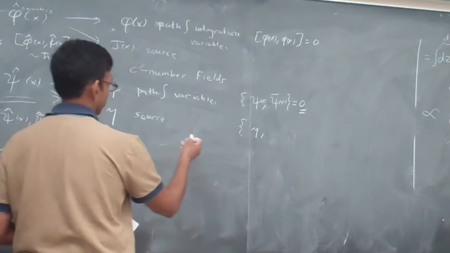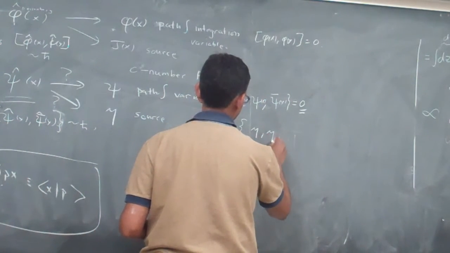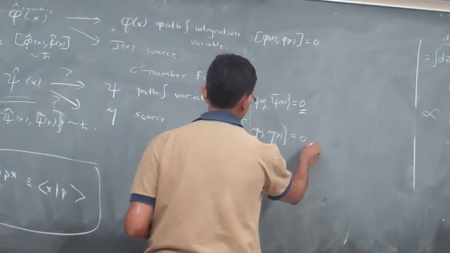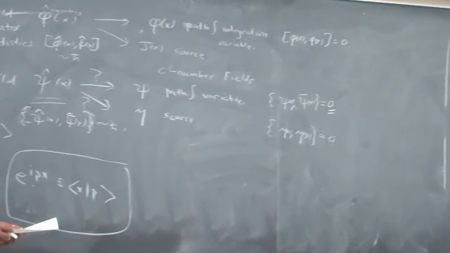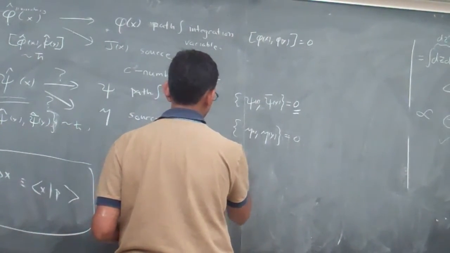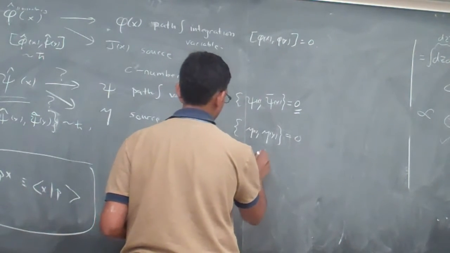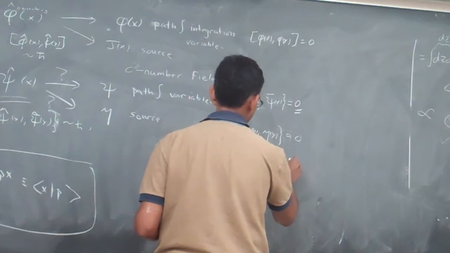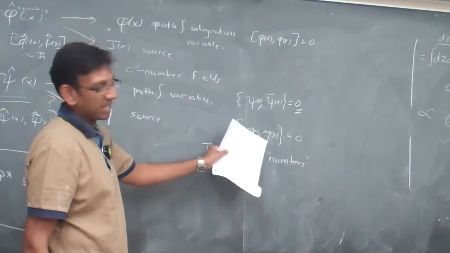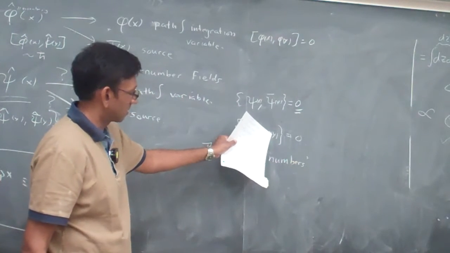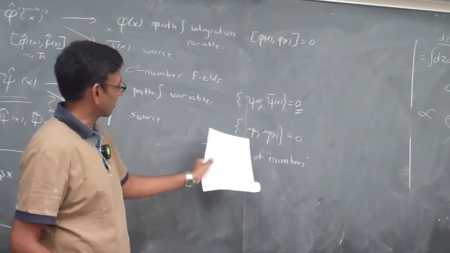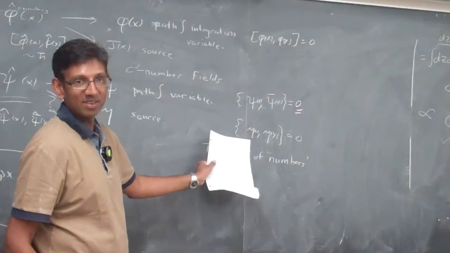These kinds of numbers from which we make these fields, meaning if I fix the space-time point, then eta of y is just a number, but not the usual kind of number that commutes with other numbers.